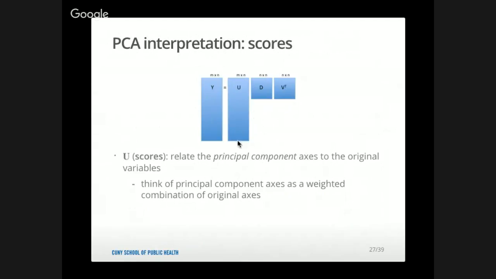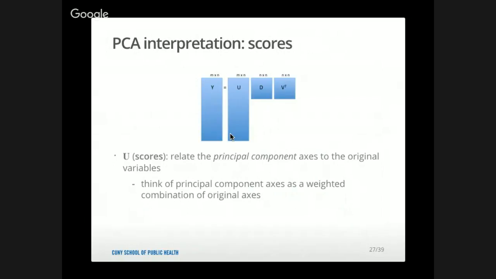We're starting with this first matrix, which has the same dimensions as our original matrix. These are called the scores. And what I want to describe is that these tell you the contribution of each of your original variables, let's say genes, to each of your principal components.